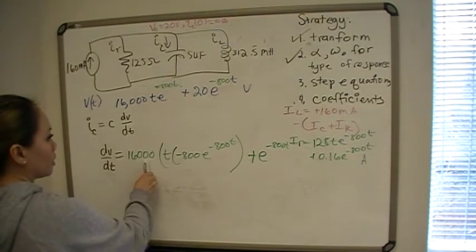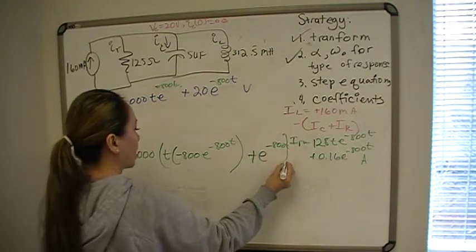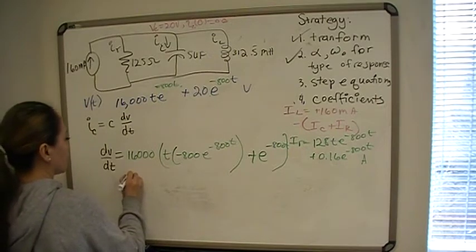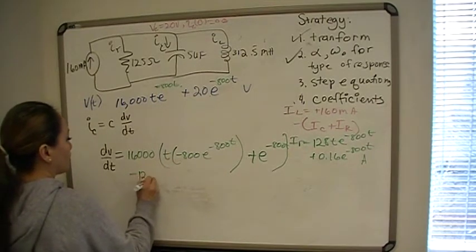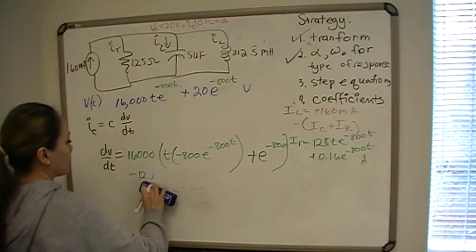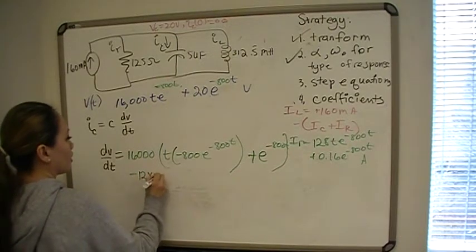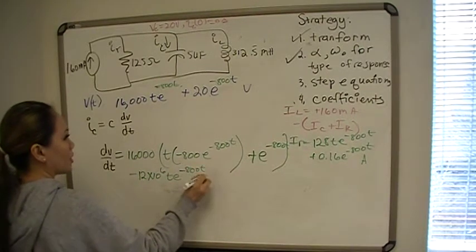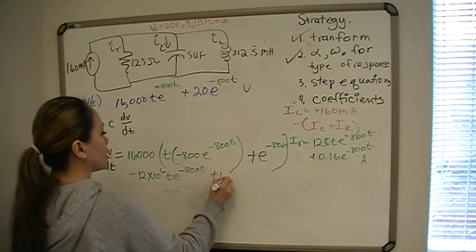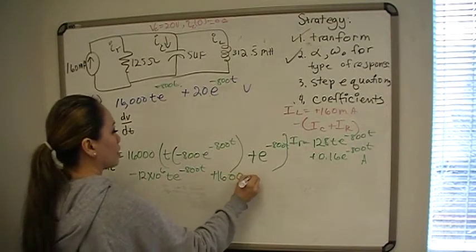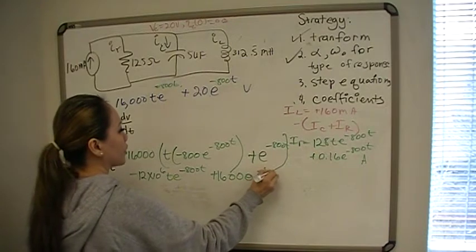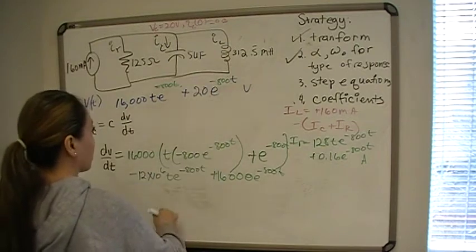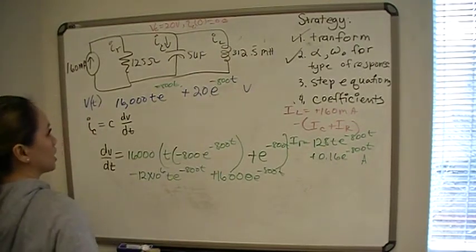Okay, so plus e to the negative 800t. I'm going to distribute my 16,000 all the way in, and that gives me negative 12 times 10 to the 6 te to the negative 800t, and then plus 16,000 e to the minus 800t. That was this part of the equation. Now I need this part of the equation. Well, that part is pretty easy.